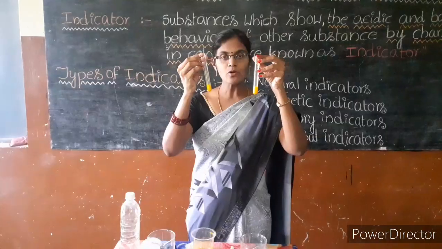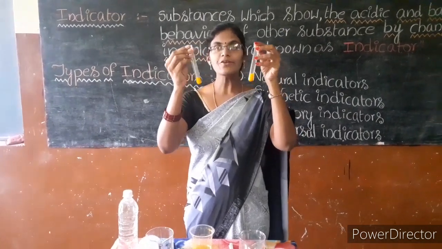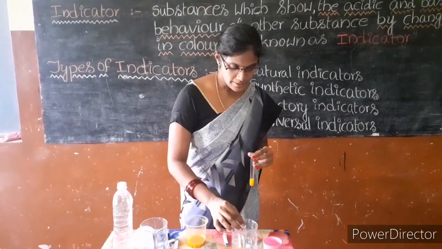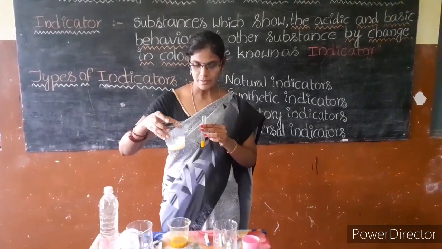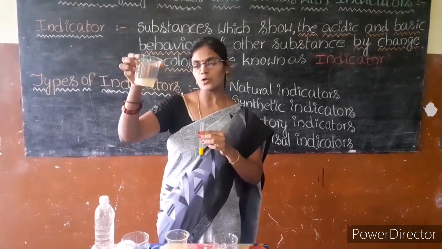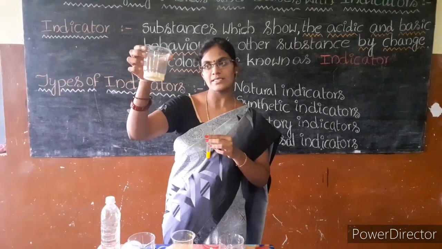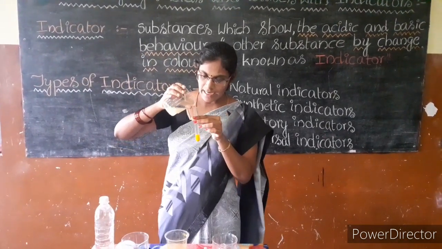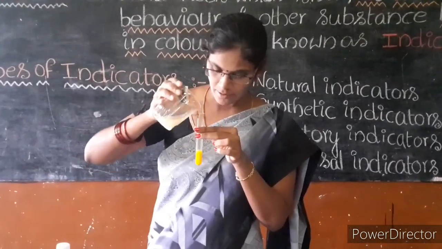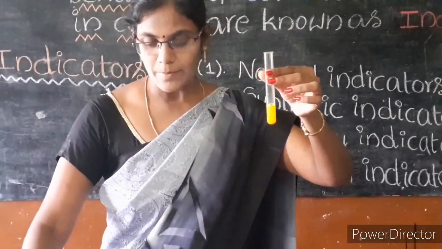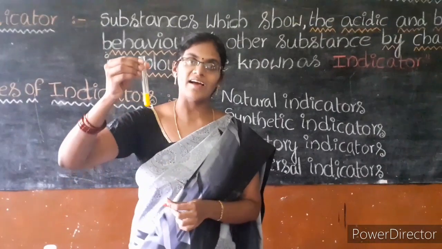Okay children, I poured turmeric water in two test tubes, and take one test tube and add a few drops of lemon juice. This is the lemon juice, and add a few drops of lemon juice into this solution. Lemon juice is a strong acid.